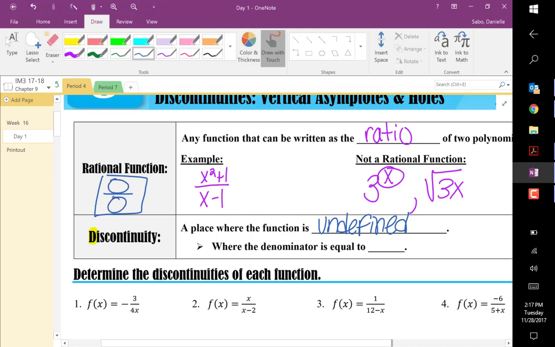You don't have to put this down. Is there a number that can't go in either one of those spots? Does anyone know from previous years? What would be something that, if you typed it in the calculator right now, it would tell you it's undefined? A 0. So 0 is correct.